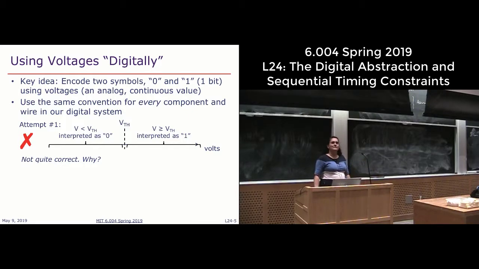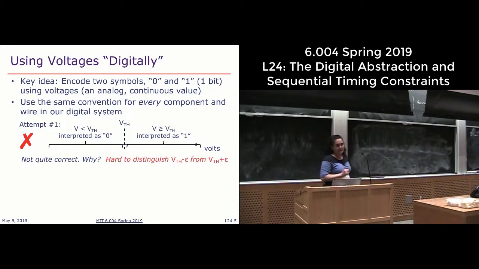Can anybody venture a guess as to what the problem with this simple implementation might be? Yeah? Maybe if the voltage is near the threshold, then you might go between 0 and 1. That's exactly right. What we said is we want our circuits to be able to tolerate at least a minimal amount of noise.